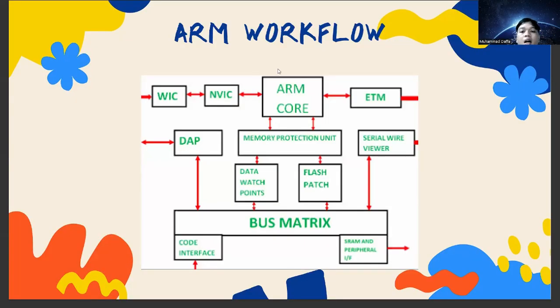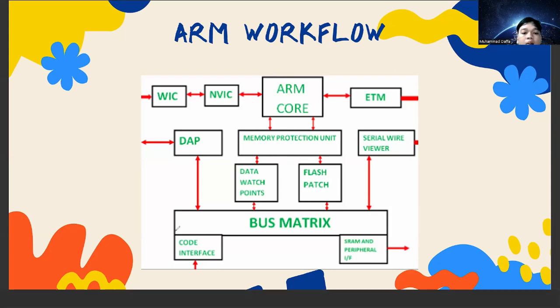Next is the ARM workflow. First, the code interface sends or retrieves program instructions from flash memory. Next, data and instructions needed by the ARM core are retrieved through the bus matrix, which connects the main components.